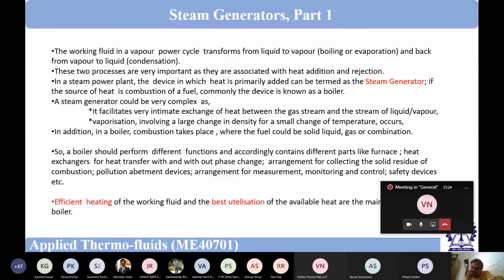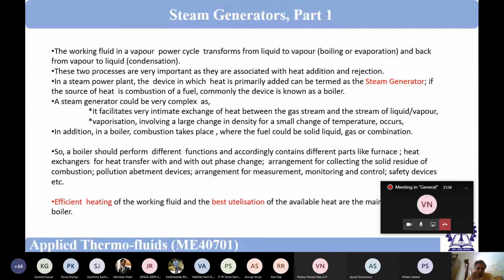So in all vapor power cycles, whether it is a cooling cycle, that means a refrigeration cycle, or a heat engine cycle, we will have this. These two processes are very important as they are associated with heat addition and heat rejection. In a steam power plant, the device in which heat is primarily added is termed the steam generator.